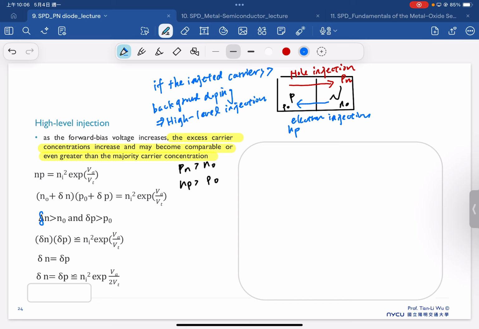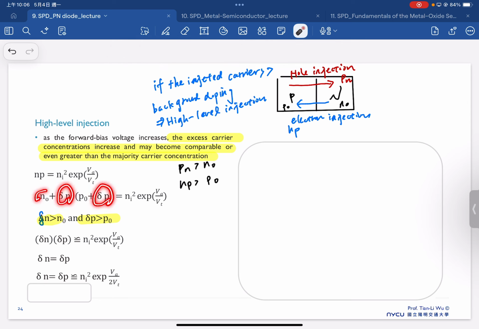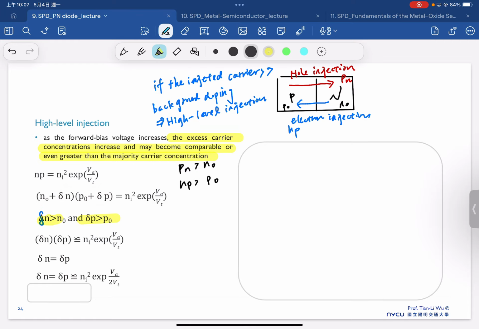The delta P is larger than P0. Because right now this is larger than this one, and this is larger than this one, we can do an approximation. This term will mainly be dominated by delta n times delta p, which is still roughly equal to this equation, ni squared exponential VA over Vt.